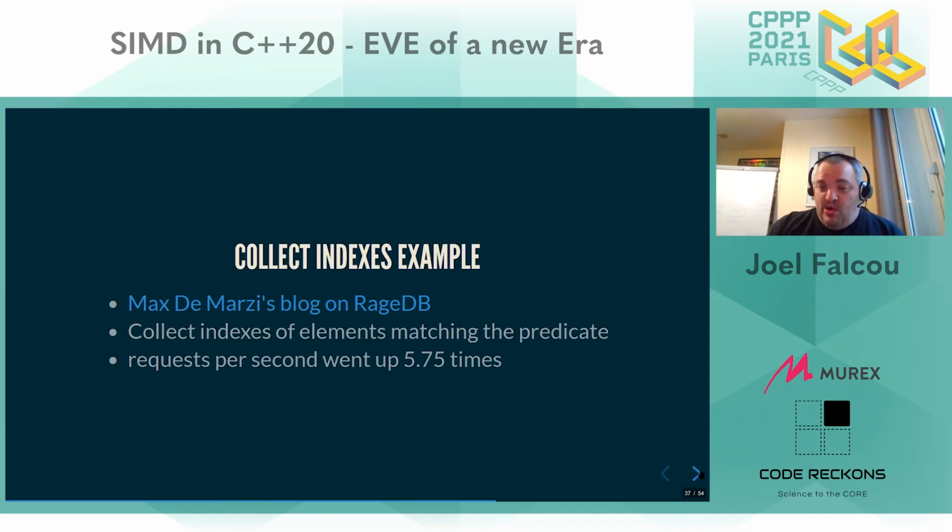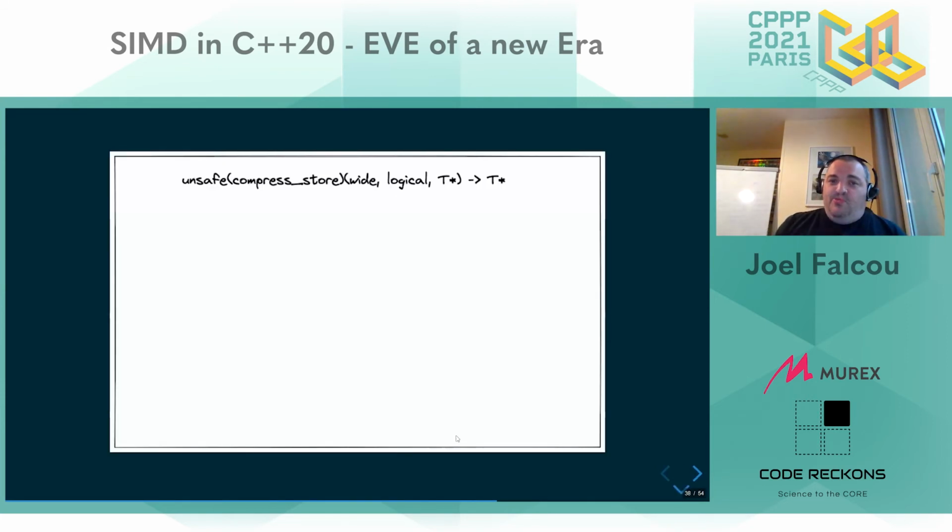How does it work? Well, it works using one of our SIMD tricks. We have a function called compress store. Compress store takes a value in a wide, takes a logical, which is a mask of true and false, and a pointer.